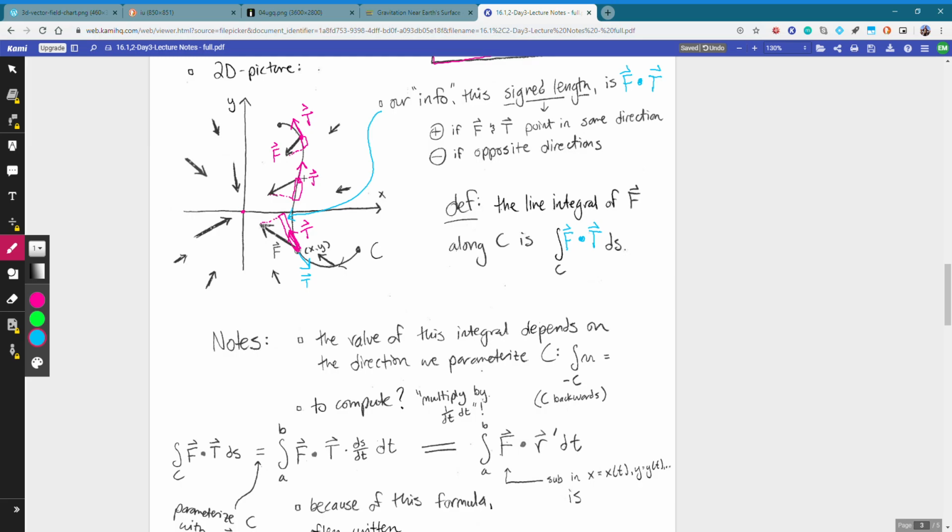And indeed, at every single one of these points, things are going to be flipped. What was positive is going to be negative and vice versa. And so essentially what happens is that if we move along our curve backwards, then we'll get the negative of what we would have gotten if we had just gone the original direction.